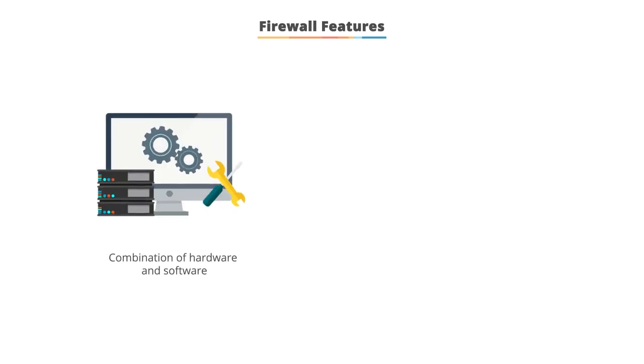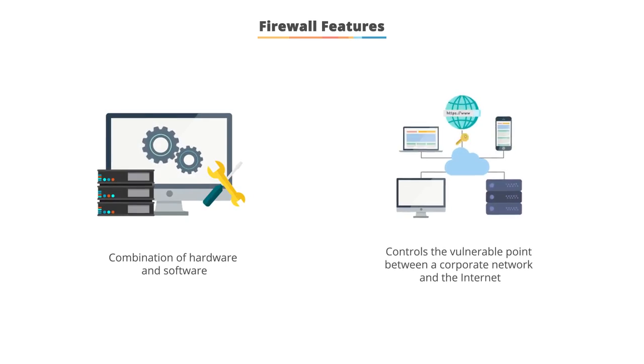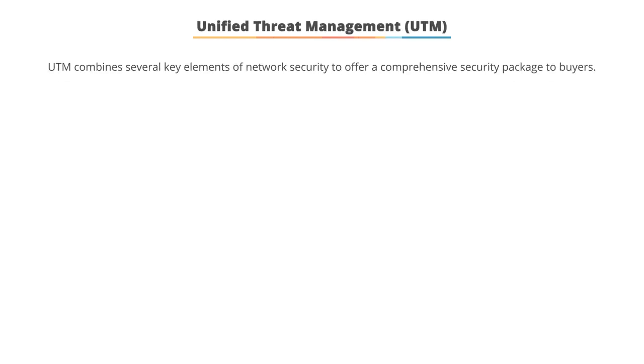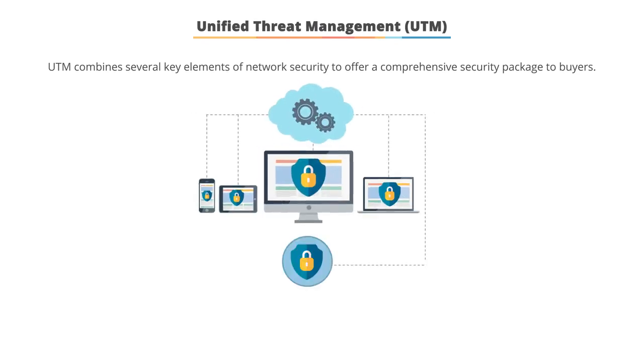General firewall features: a combination of hardware and software, it should control the most vulnerable point between a corporate network and the internet. Unified threat management refers to a specific kind of IT product that combines several key elements of network security to offer a comprehensive security package to buyers. Unified threat management is a jack of all trades.